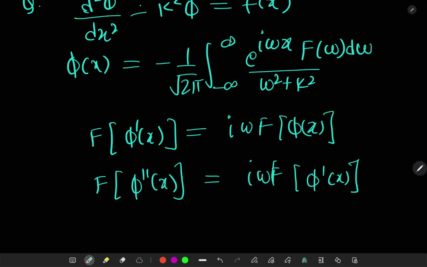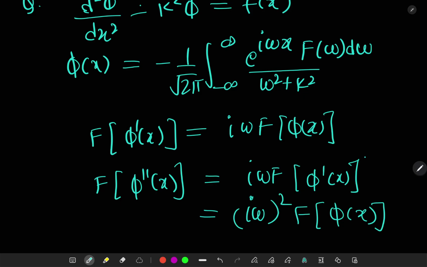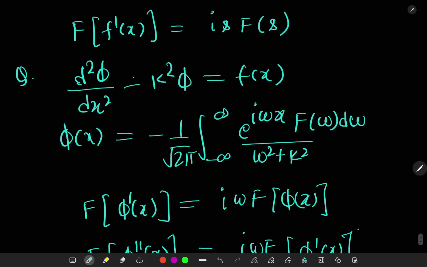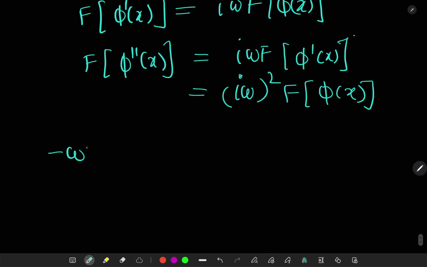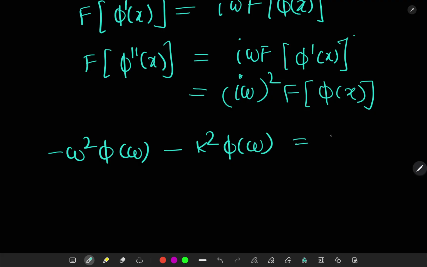And if we do Fourier transformation of this, it becomes this. Now taking Fourier transformation on both sides of this equation, we get minus omega square phi omega minus k square phi omega equals f omega.